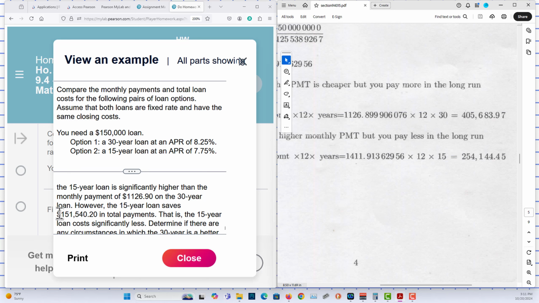When you subtract, over time you'll save $151,000 in total payments if you go with the 15-year plan. You'll be paying more per month though, but in the long run, you'll save more money.